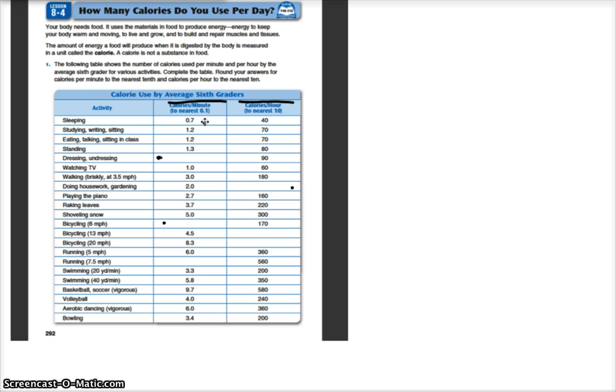So think about the rate that we used. Oh, sorry, I don't want to do minutes. I wanted to do calories. Ignore that. I can't erase it right now. So we're doing calories per minute.